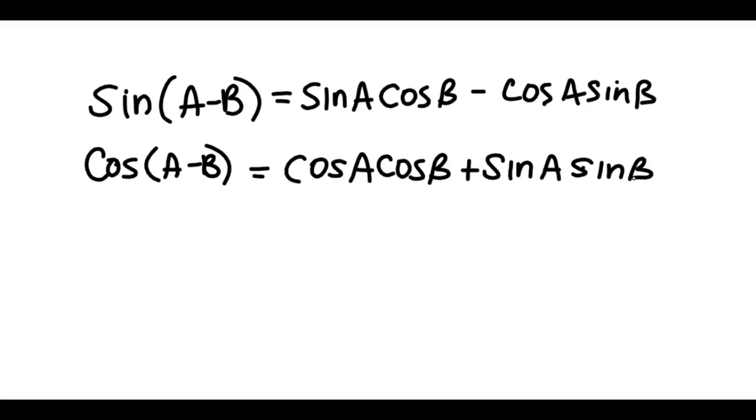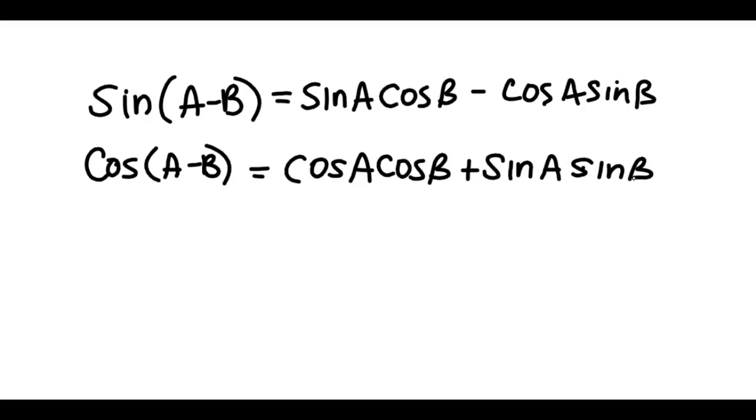Okay, so those are 2 extra for that, and we still have the tan A plus B is equal to tan A plus tan B over 1 minus tan A tan B. Okay, so these will make more sense once we start getting into using them.